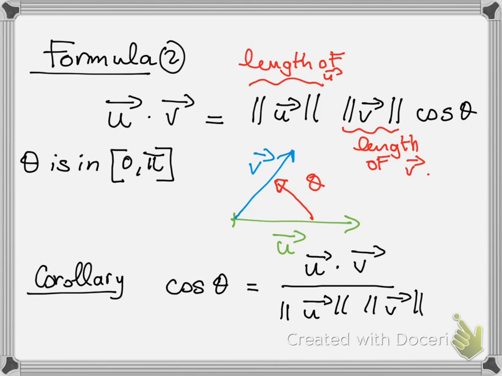All you have to do in this formula is divide both sides by the length of u and the length of v. Then cosine of theta would be equal to u dot v divided by the length of u times the length of v.